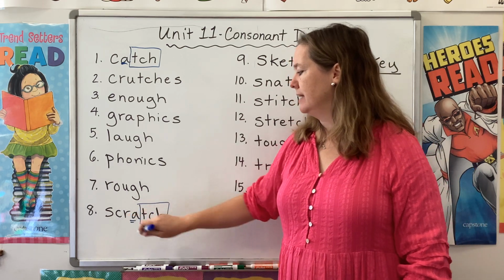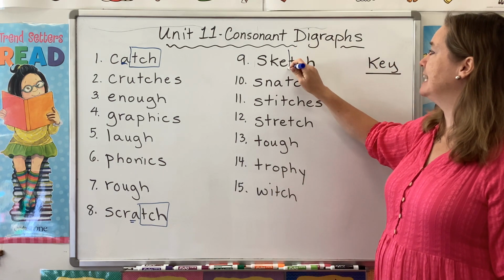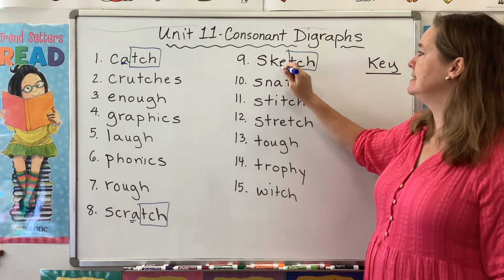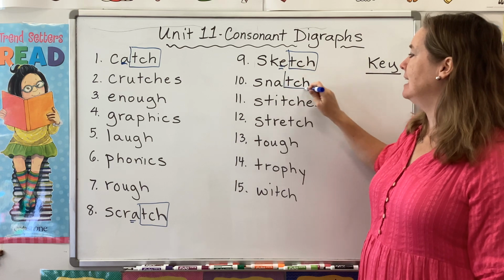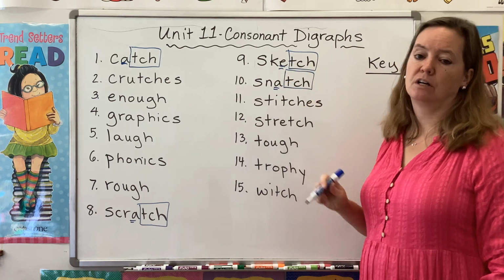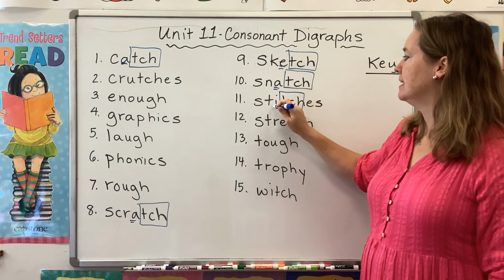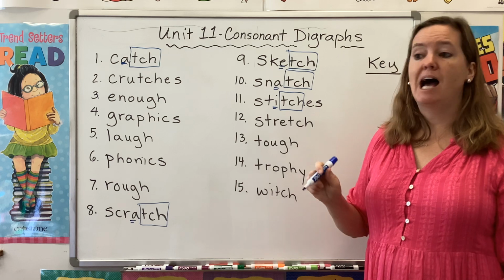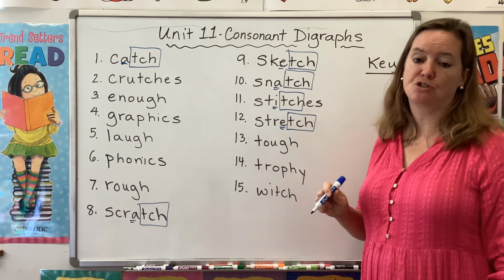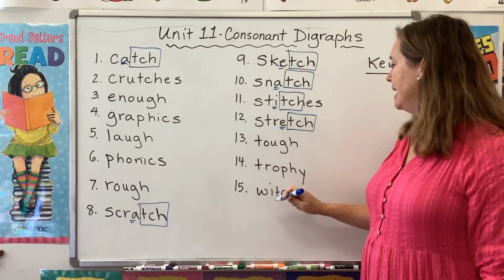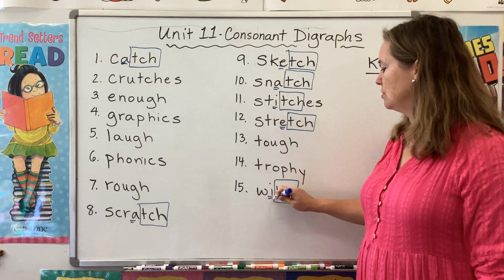Once again, it's following a short A. In the word sketch, that TCH follows a short E. In snatch, it follows a short A. In stitches, it follows a short I. In stretch, it follows a short E. And in witch, it follows a short I.